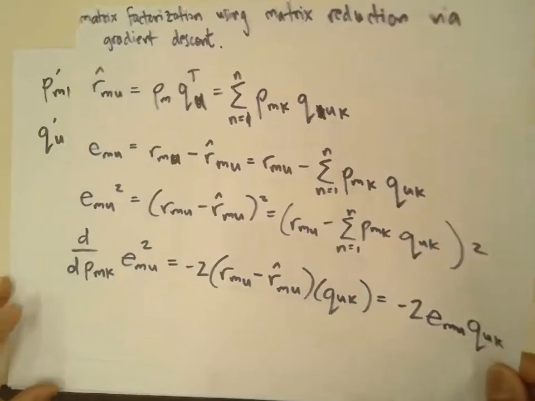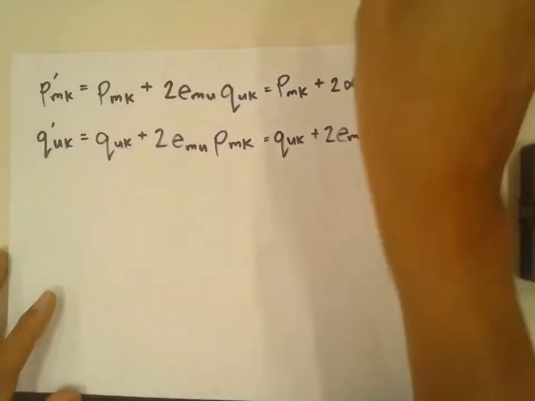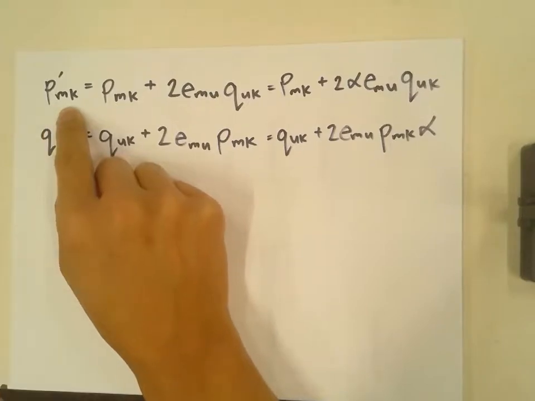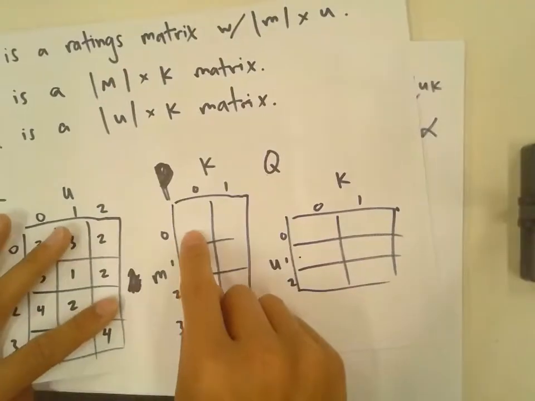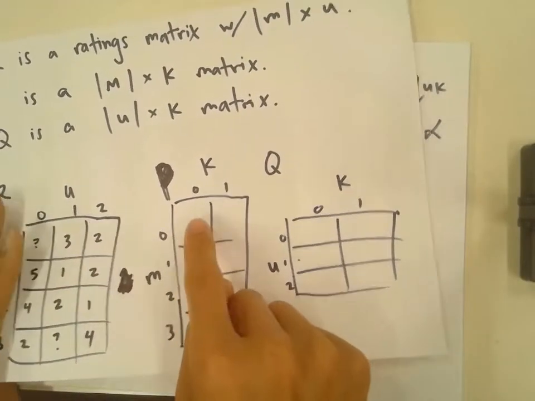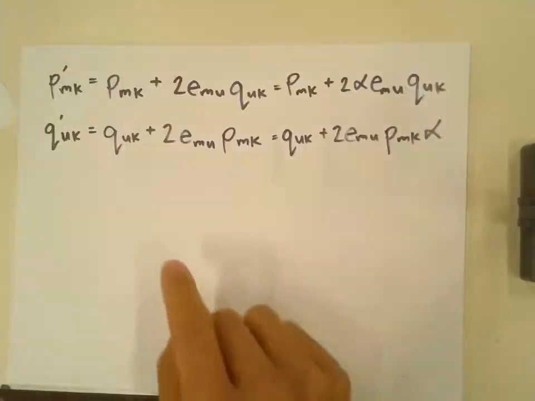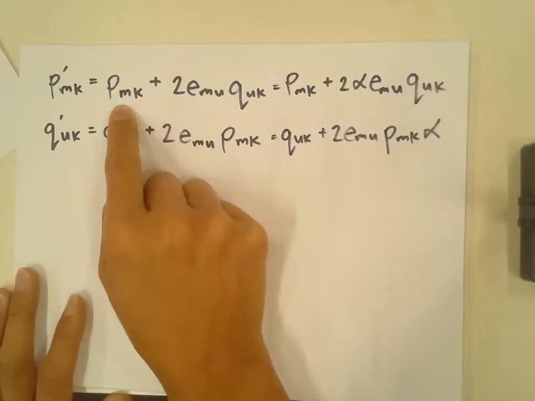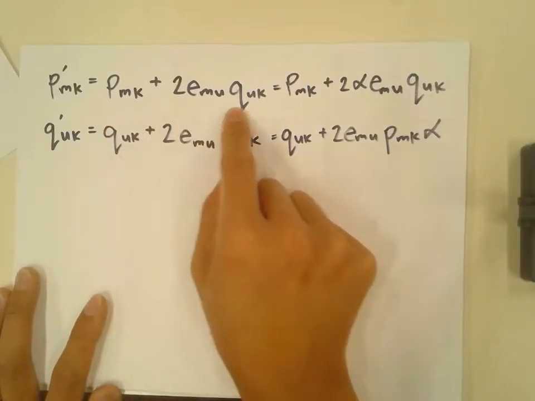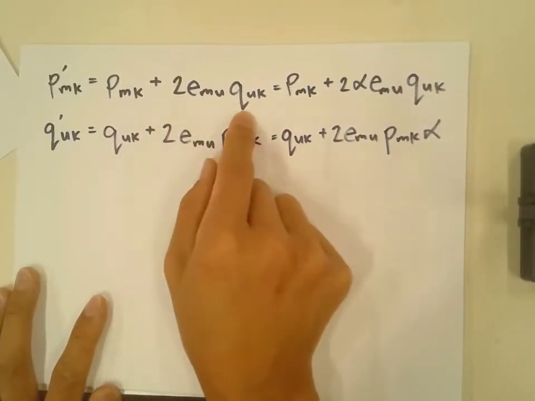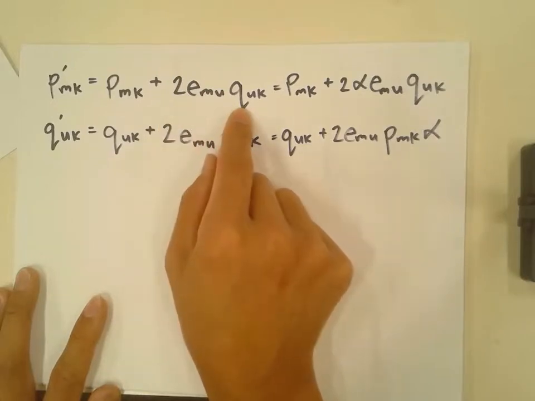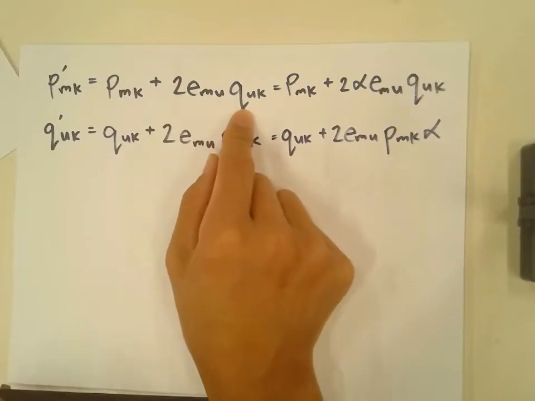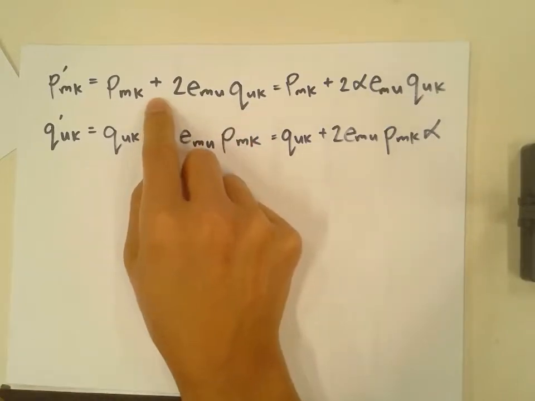So what we come up with is that the new value for P of MK, let's say this is the one that we were trying to estimate, is going to be the original value of P of MK plus the error, the partial derivative of the error function with the sign flipped.